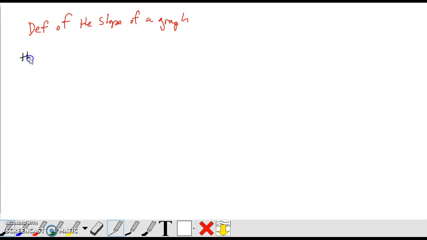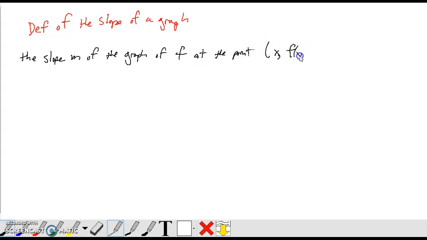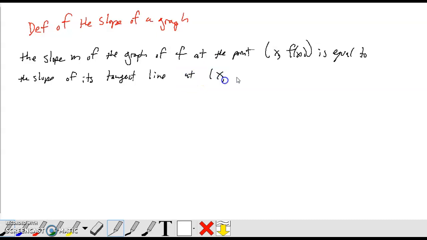We're going to say that the slope m of the graph of f at the point x comma f of x is equal to the slope of its tangent line at the same point, x comma f of x.